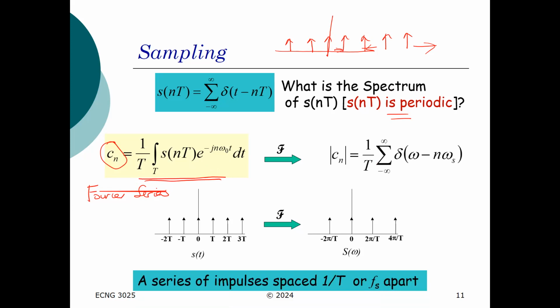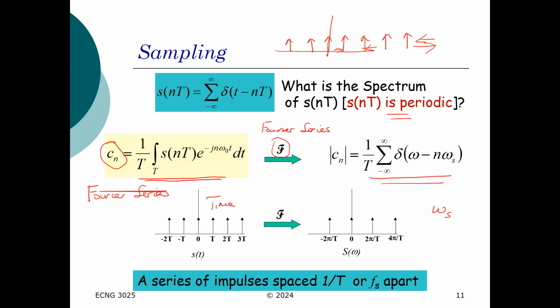And what you get, actually I had the animation a little bit reversed, is that the spectrum, when you apply the Fourier series to this character here, remember this is in time, so in here you could put a little notation, Fourier series, right? So the spectrum here is also a series of impulses, and they are spaced omega s apart.